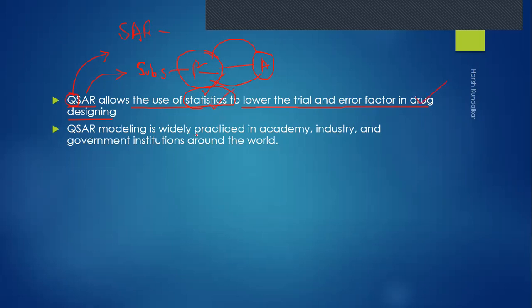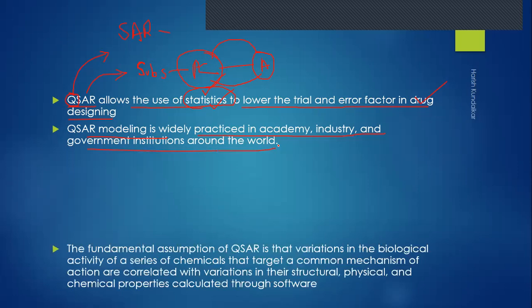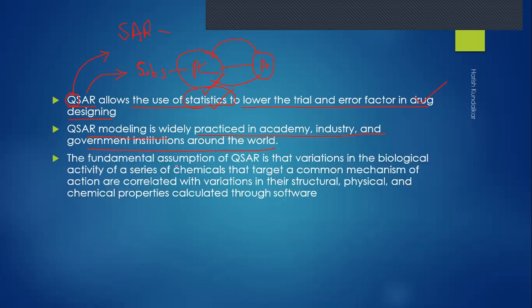QSAR modeling is widely practiced in academia, industry, and government institutions around the world. So it is a very widely used technique. The fundamental assumption of QSAR is that variations in the biological activity of a series of chemicals or molecules that target a common mechanism of action are correlated with the variation in the structural, physical, and chemical properties calculated through software.